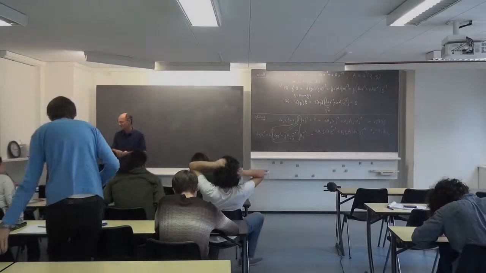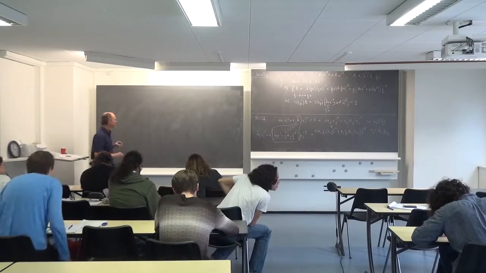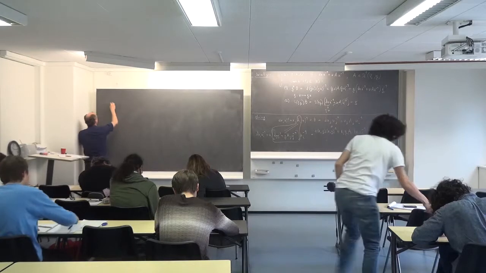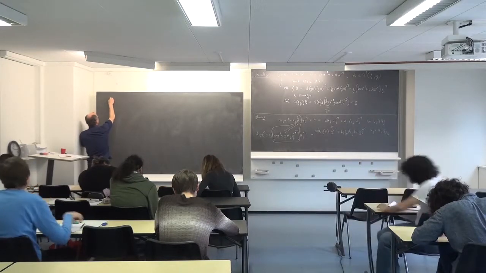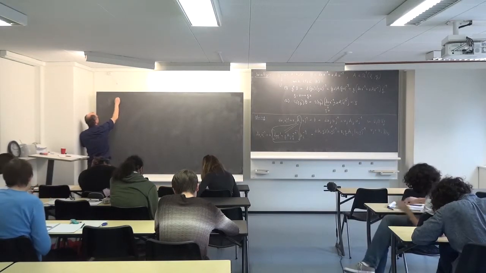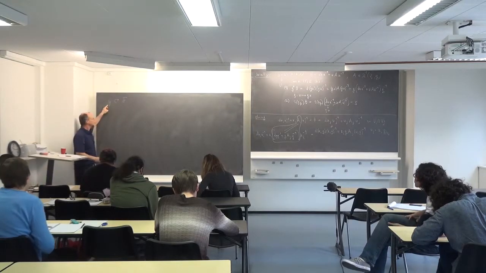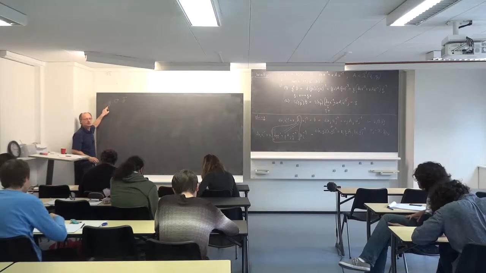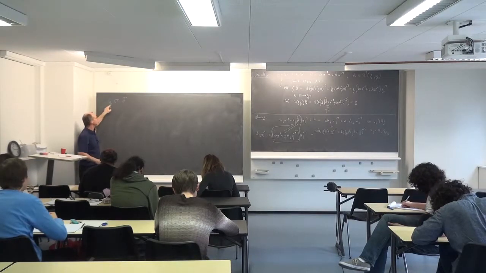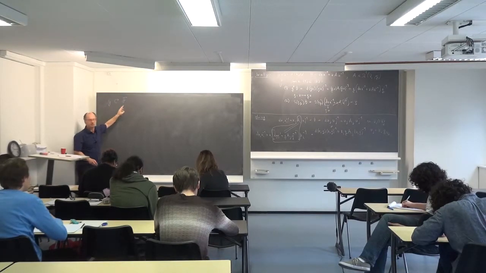Let's continue. Let me, for a second, go back to our philosophy. We have the gauge group, these are gauge groups that we discussed during the last hour. They will be acting on spaces of fields.